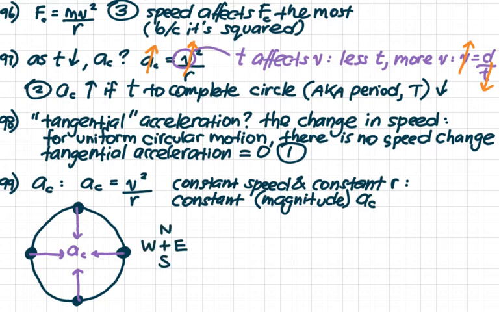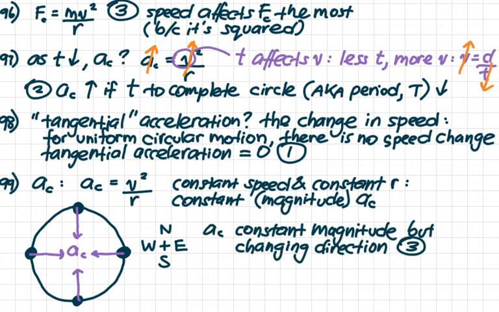At the top of the circle, the centripetal acceleration would be pointed south. Then at the 3 o'clock position, it would be pointing west. Then at the 6 o'clock position, it'd be pointing north. And then at the 9 o'clock position, it'd be pointing east. So in that sense, the direction of the acceleration is changing from a north, south, east, west perspective. So 99 is choice 3.